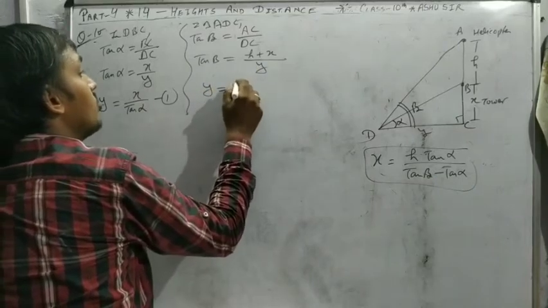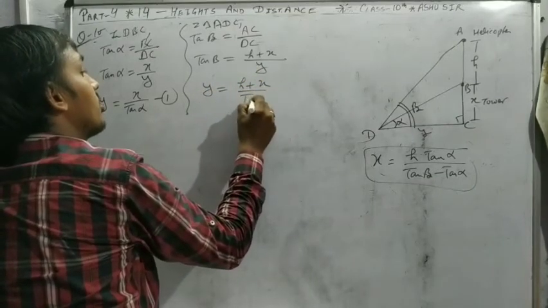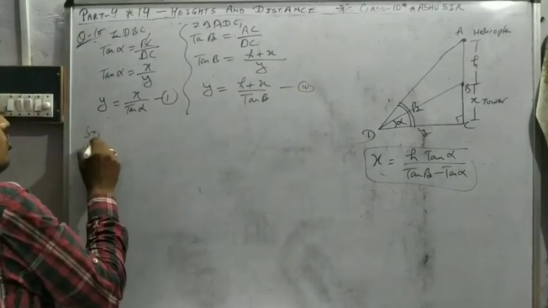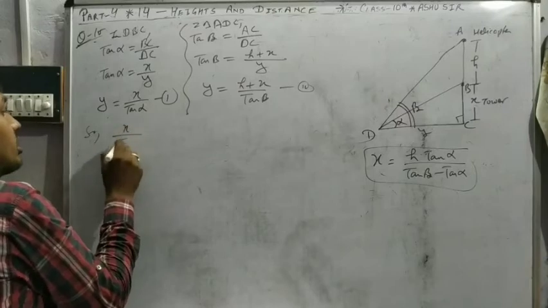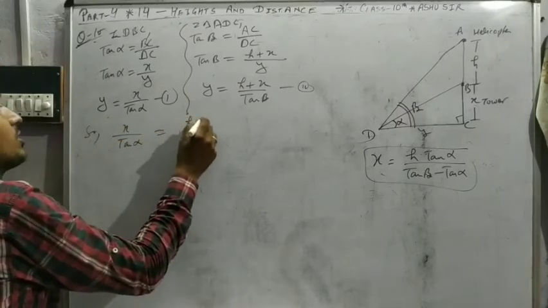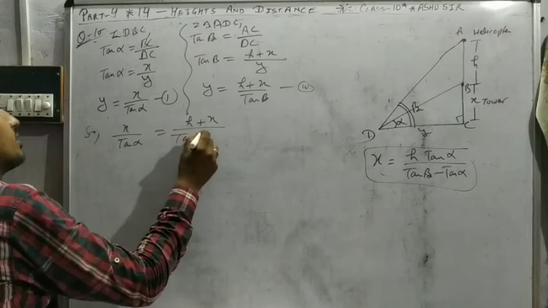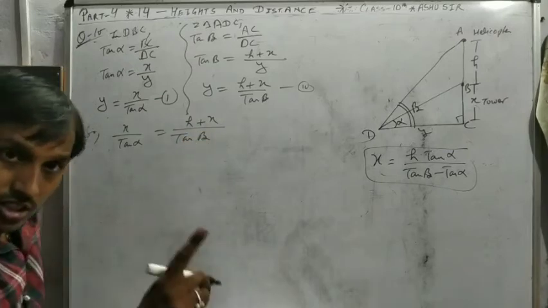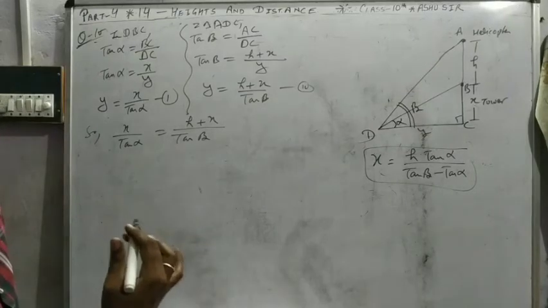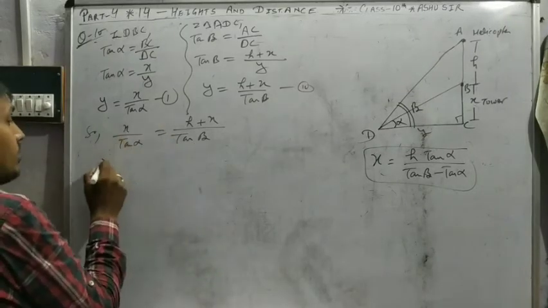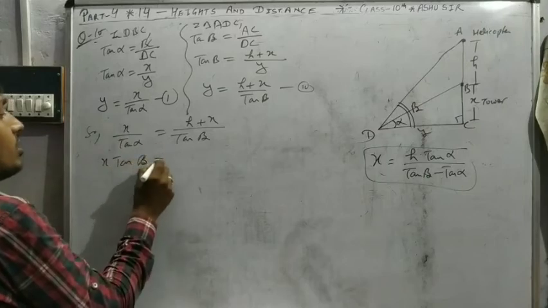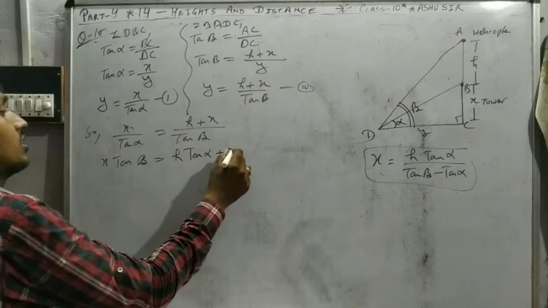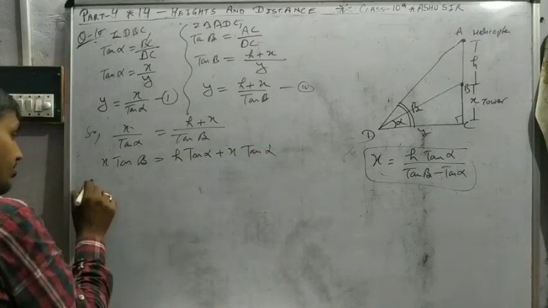So y is equal to h plus x upon tan beta. y is same, so x upon tan alpha is equal to h plus x upon tan beta. We want the value of x. So x separate to one side and all remaining terms on the other side. So first you cross multiply: x tan beta equals h tan alpha plus x tan alpha.